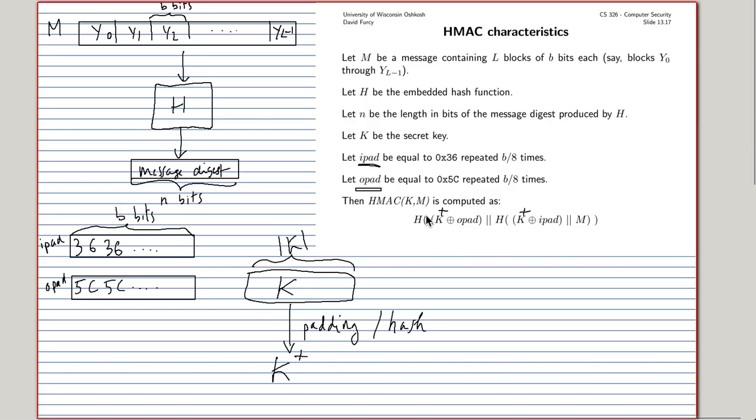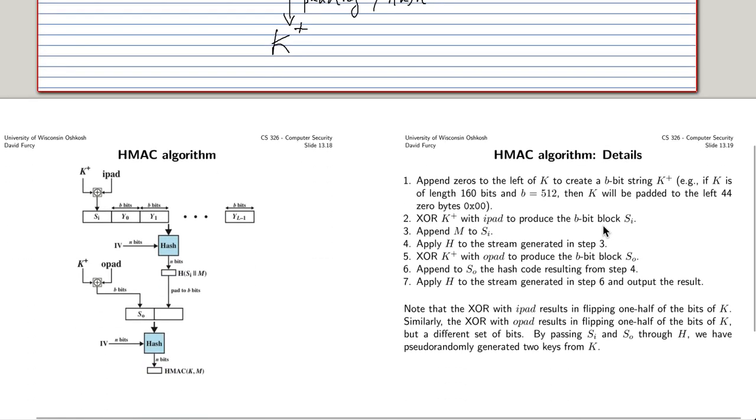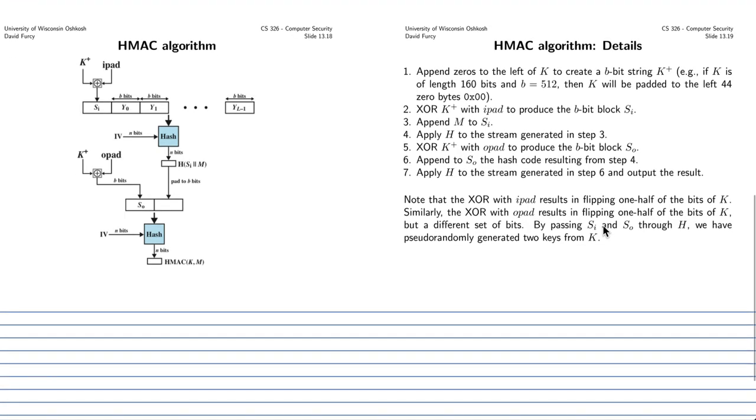So we're going to unpack this formula by visualizing it in a diagram and going through the steps again one by one. So here is a visualization of this formula. So in step 1, we're going to transform key K into a key K plus, as we explained before, using some padding, for example. Once we have K plus, we're going to XOR it with the input pad.